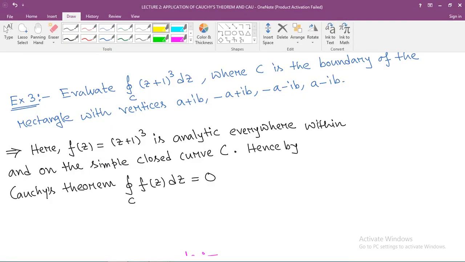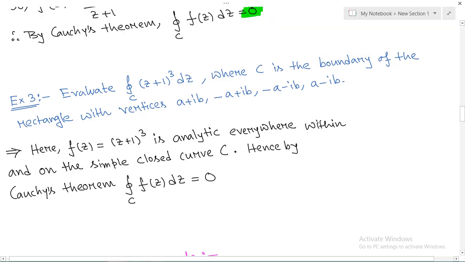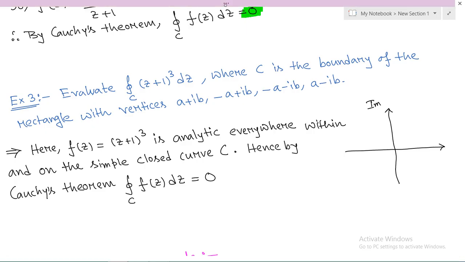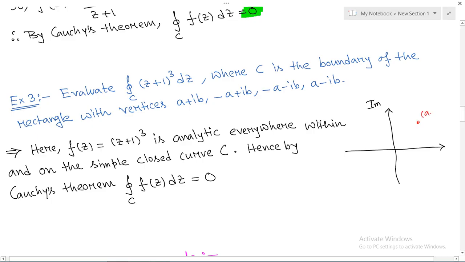Whenever you have any kind of question like this, I have told you that the first work you have to do is the drawing of the region. So this is the imaginary axis, this is our real axis. The point a plus ib will be one vertex here. The second vertex is minus a plus ib, minus a meaning on the negative side of the real axis.